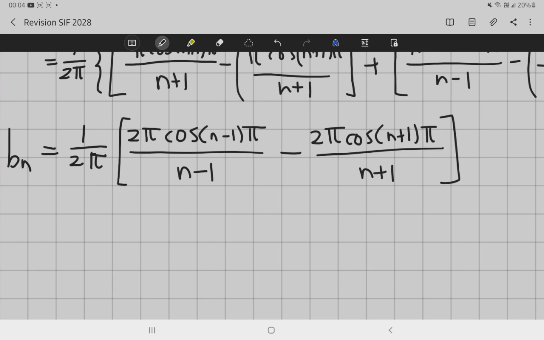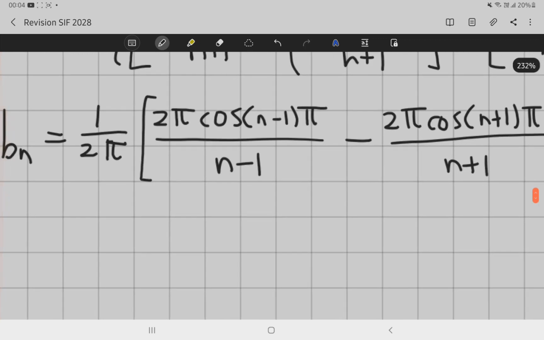Okay, let me see what I can simplify a bit. 1 by 2 pi, so we can eliminate this 2 pi.